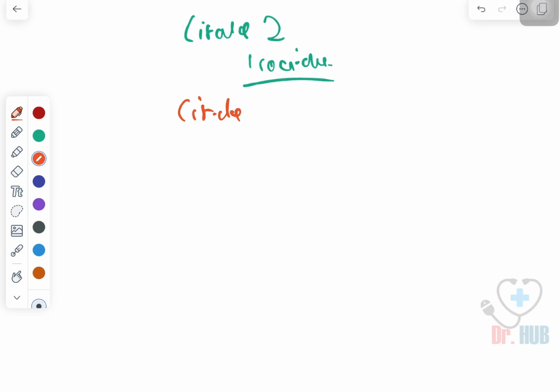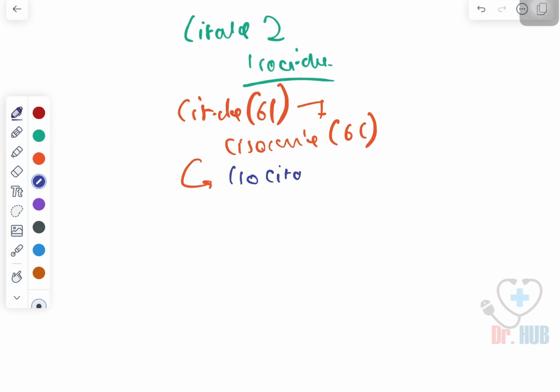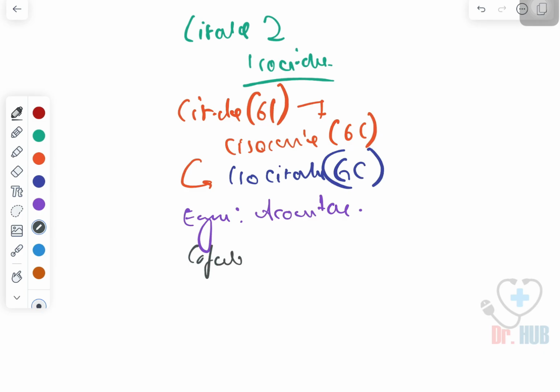Firstly the citrate, a 6 carbon, is converted to cis-aconitate. This is again 6C. Then it is converted to isocitrate, again the 6C. What is the enzyme involved here? The enzyme is aconitase. What about the cofactor?